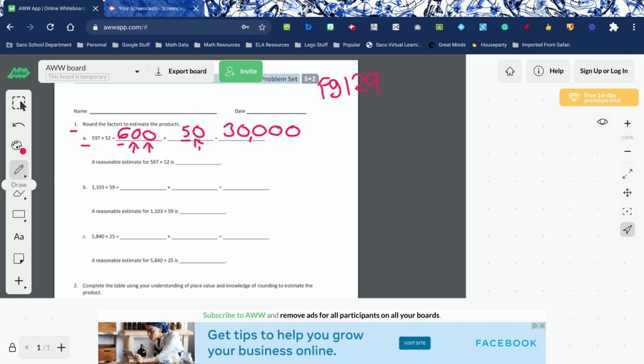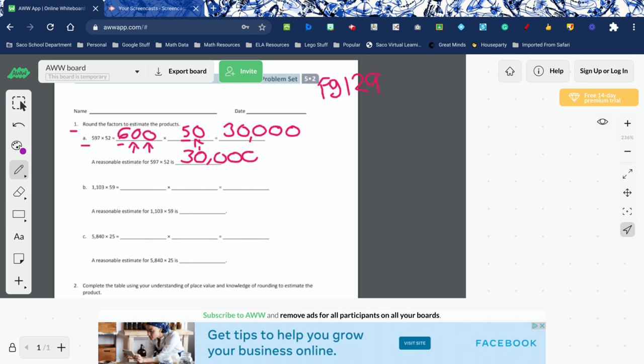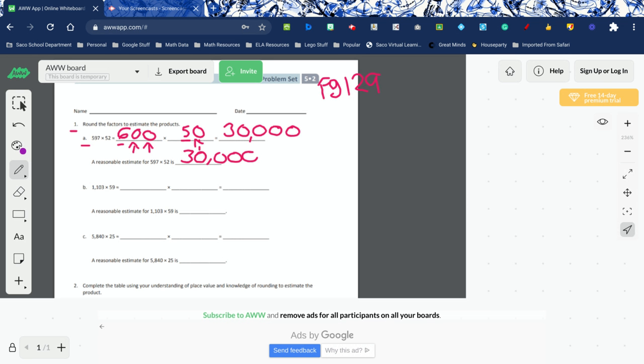So if I slide 30, 3 place values down the place value chart to the left, I have 1, 2, 3 more zeros that are in the ones, tens, and hundreds place. So 600 times 50 is 30,000. So a reasonable estimate for 597 times 52 is 30,000.